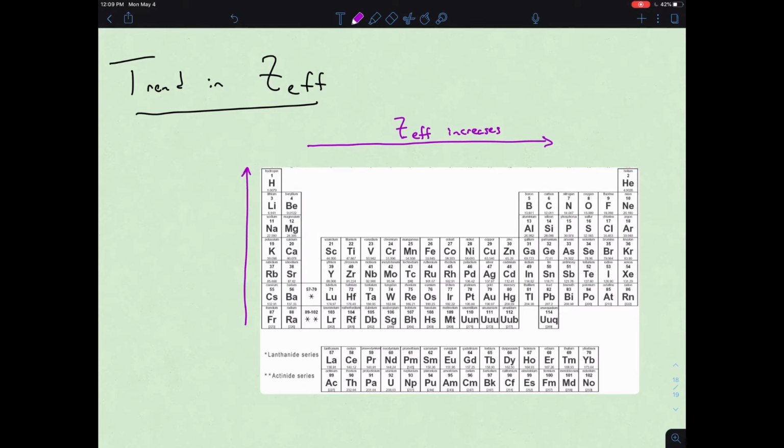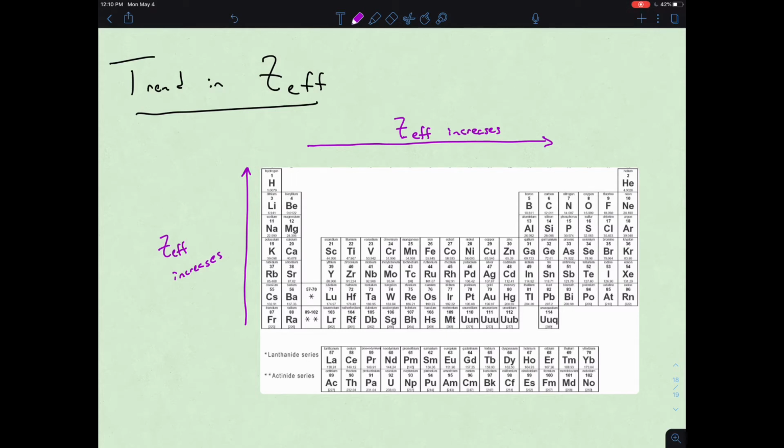But we do find that Z effective increases in this manner. And it does so because there's essentially less core electrons, and so you really are physically getting closer to the actual nucleus. So this is the trend that we see, but you can actually calculate it as well.